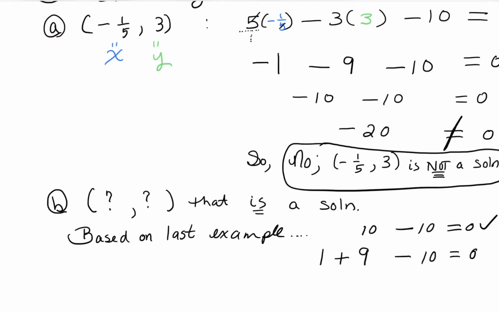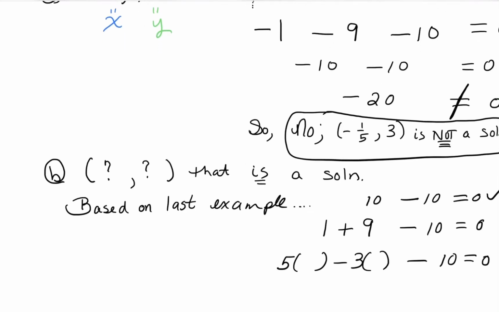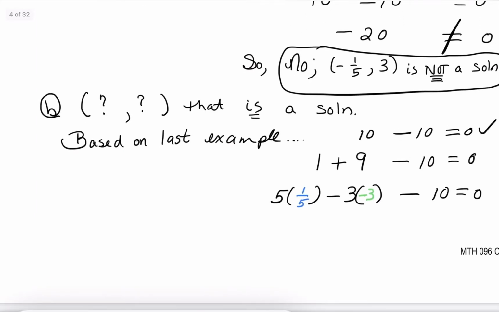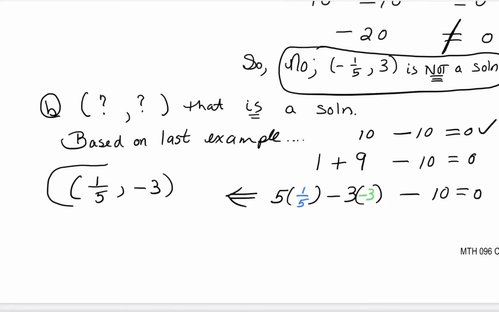And in order for that to have happened, when we think about the numbers that we have control of that we're subbing in, I want to keep the first term positive, so maybe I would just multiply by positive 1/5 there. But I'd want to make the second term positive, so I'd have to multiply by another negative. Okay, so one ordered pair that would work would be that one right there, the ordered pair of positive 1/5 and a minus 3.